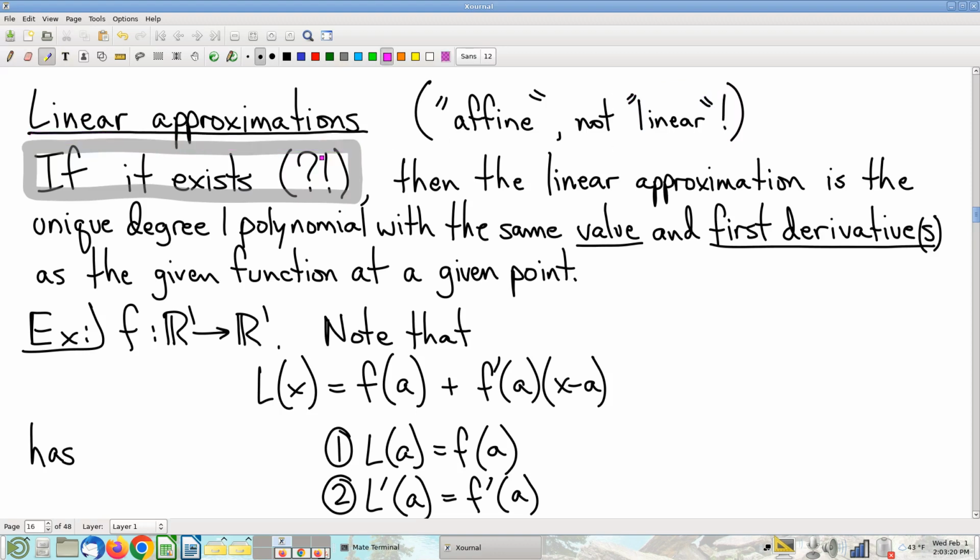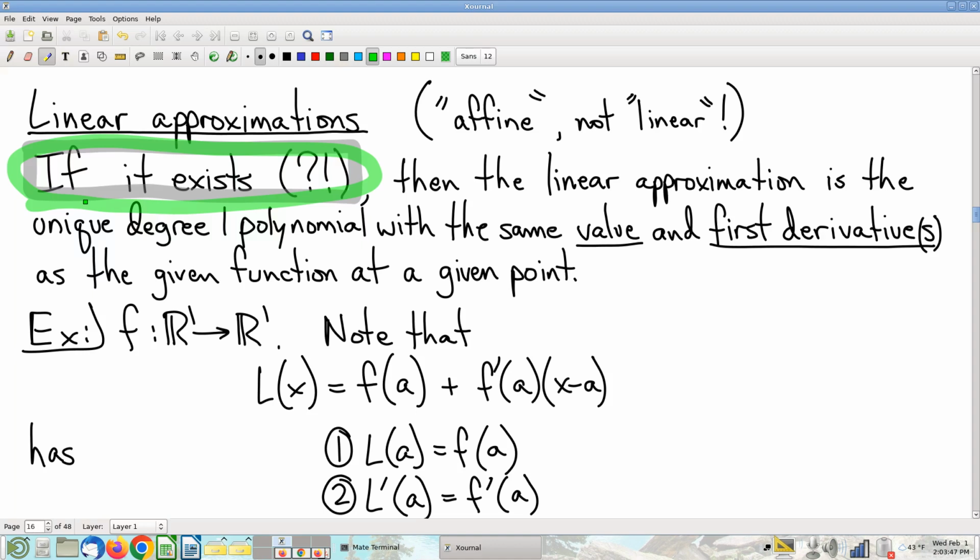Okay, next little disclaimer I have to throw out. For the initial conversation about linear approximations, I want to assume that the linear approximation exists. In some situations there really isn't one. Depending on how ugly your function is, what kind of bad news is involved with your function, there might in fact be no linear approximation.